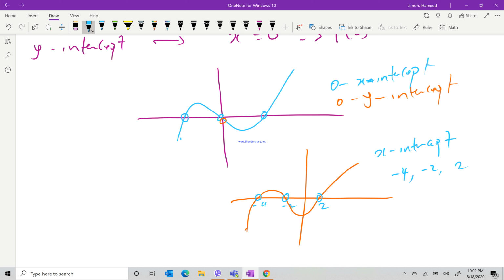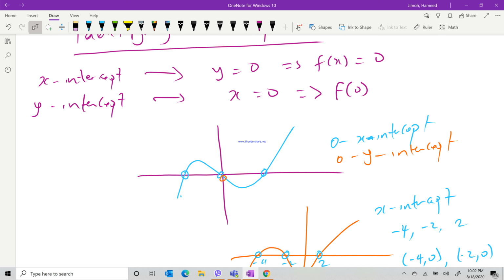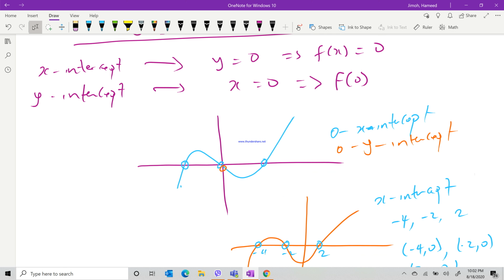And if you want to write this in terms of relations as pairs of numbers, you could say our x-intercepts will be (-4, 0), (-2, 0), and (2, 0). So remember, for x-intercepts, your y is always equal to 0, and y is always the second point.